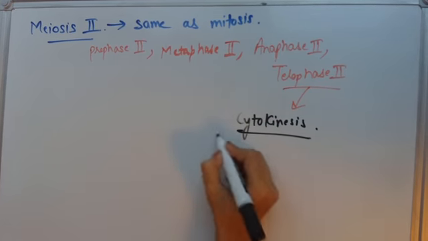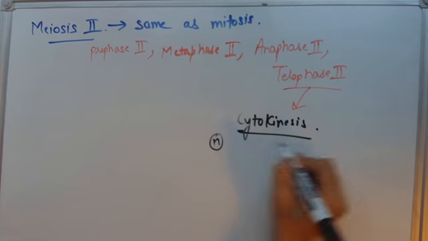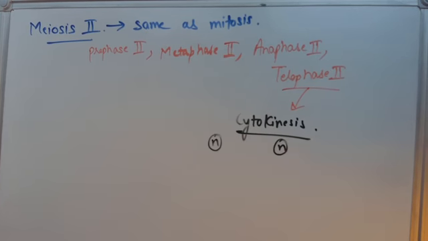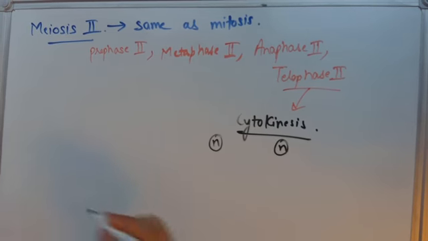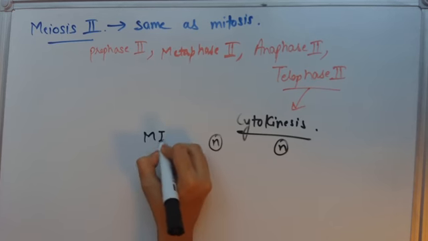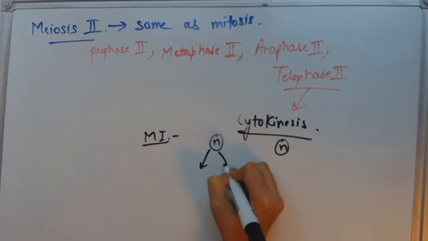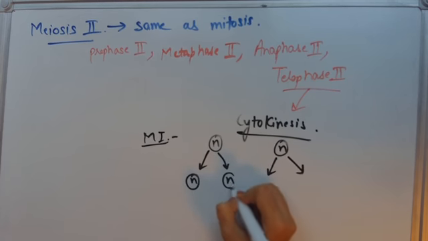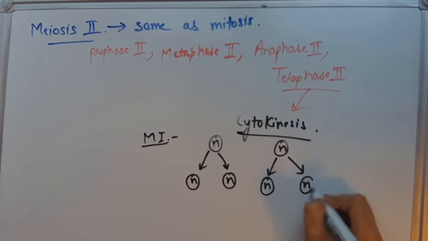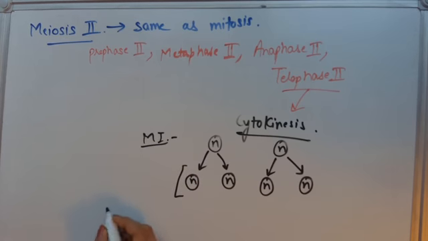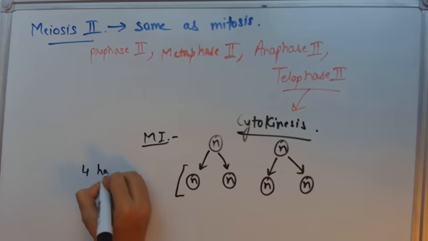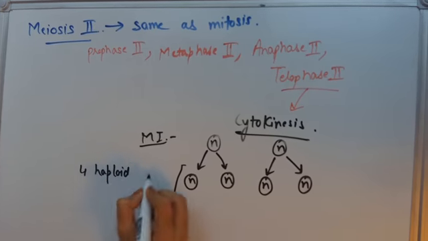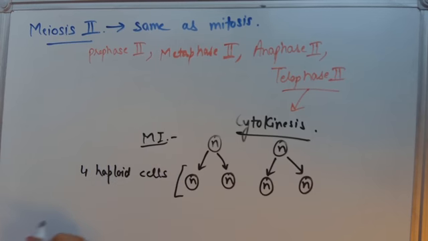This time, each haploid daughter cell that was the result of meiosis 1 will give rise to two daughter cells. So there will be formation of 4 haploid cells as a result of meiosis.